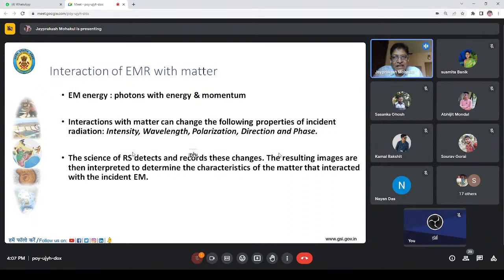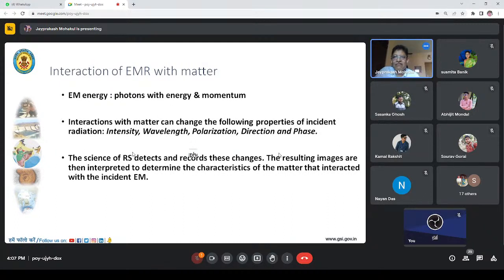Now, when light is polarized, you can have two waves perpendicular to each other. It is basically the vibration of particles. What do you mean by wave? A wave is basically a vibration of the energy.